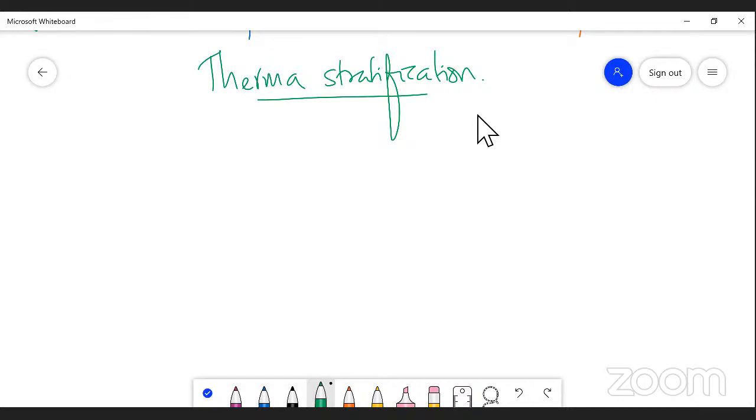Based on thermal stratification, it is further classified into the following types. The first one is epilimnion, the second is hypolimnion, and the third category is metalimnion.